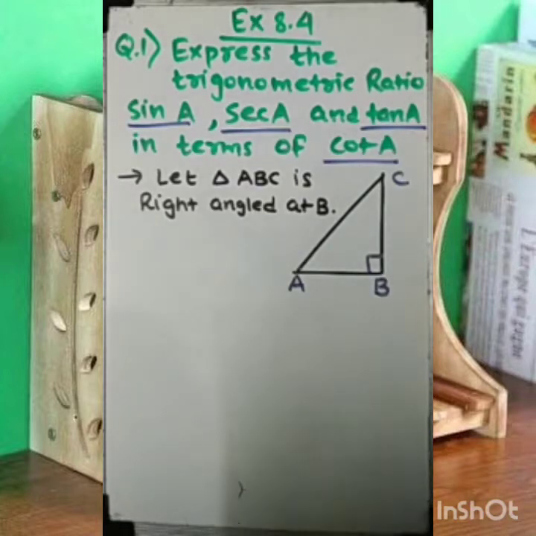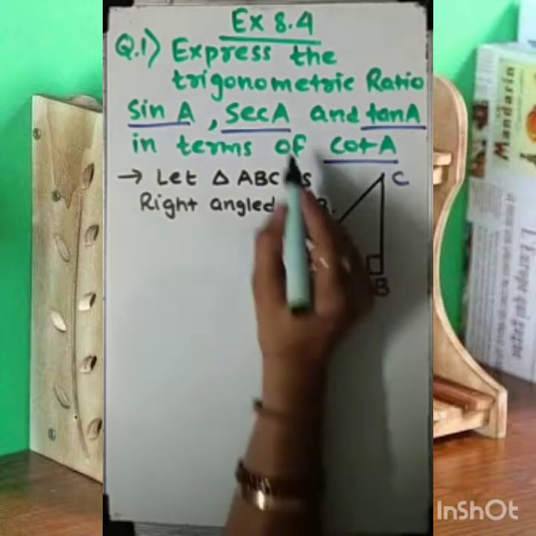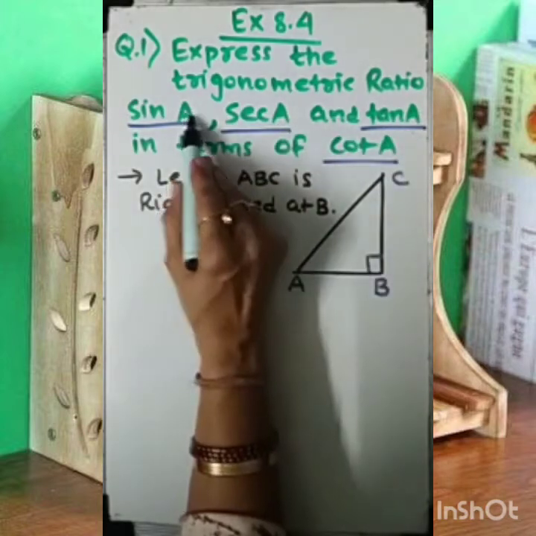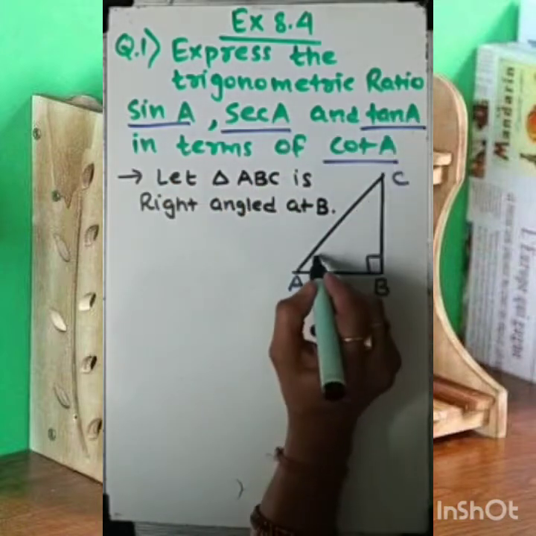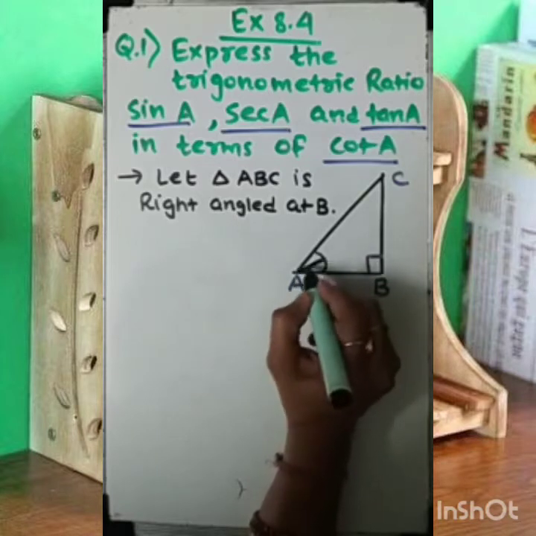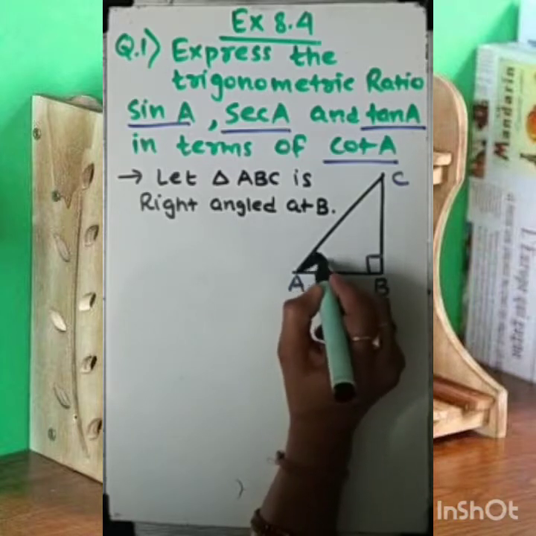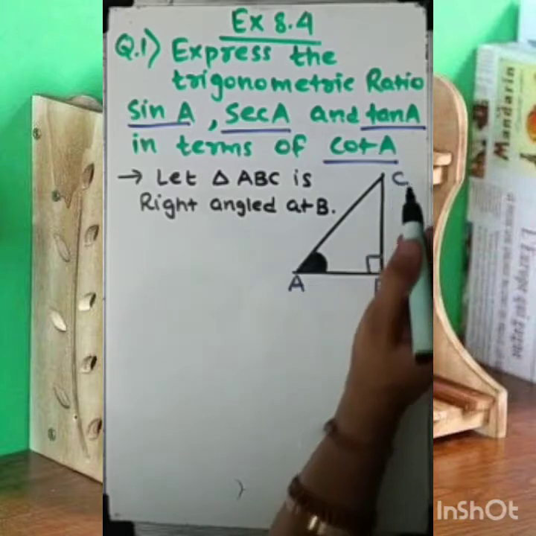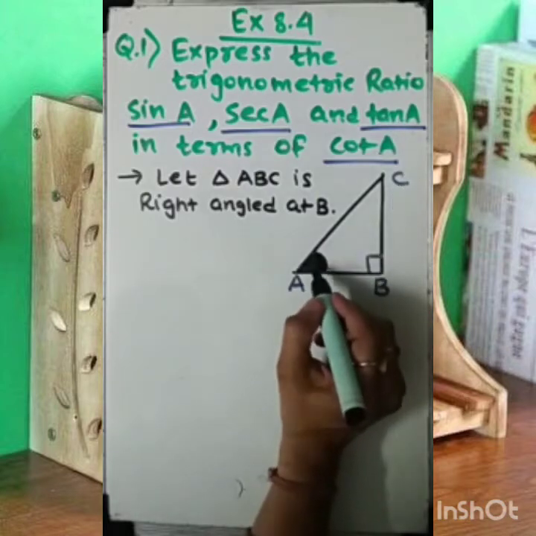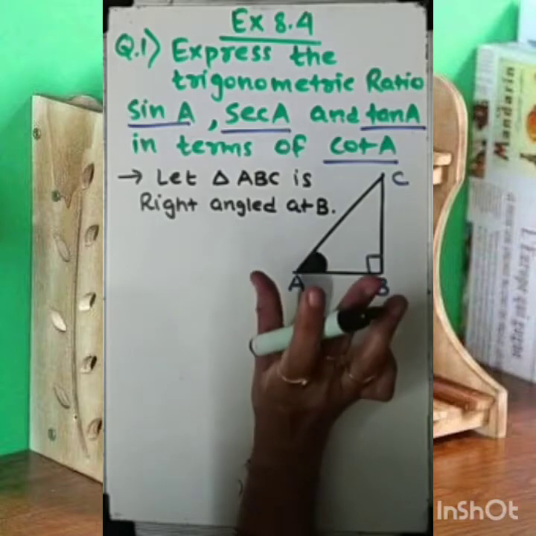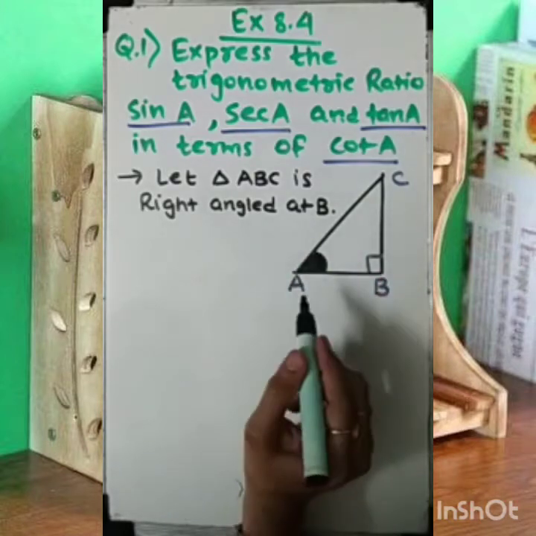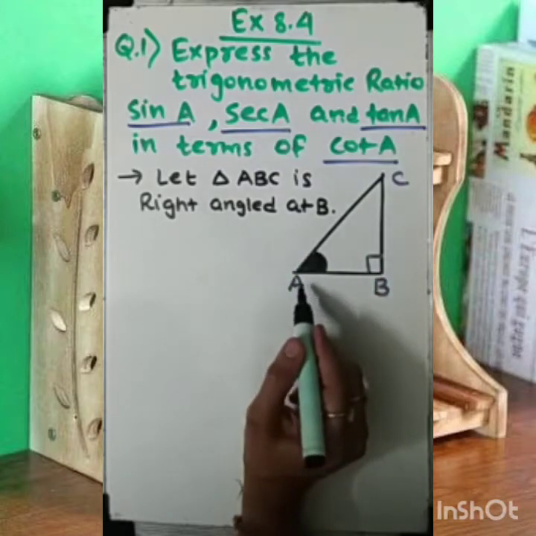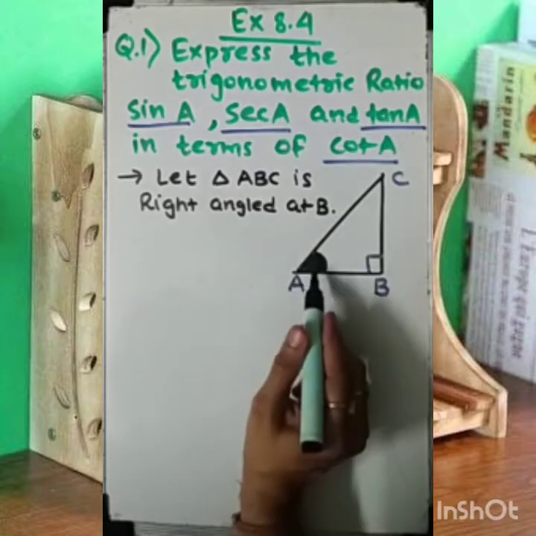Now what about angle A? Here you can see, dear student, we need to focus on A, because A is the angle out of the two acute angles A and C. We have to choose A, as given according to the question. Now if this is A, then which will be the base of this angle A?